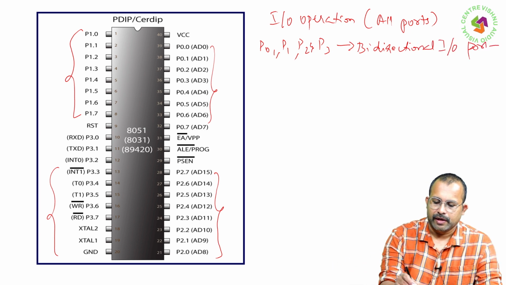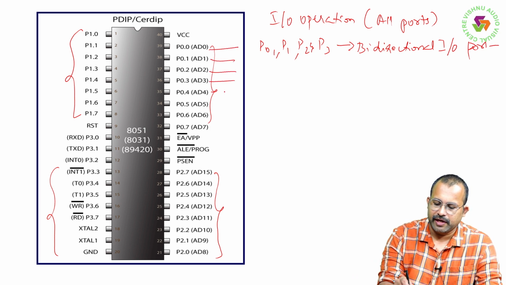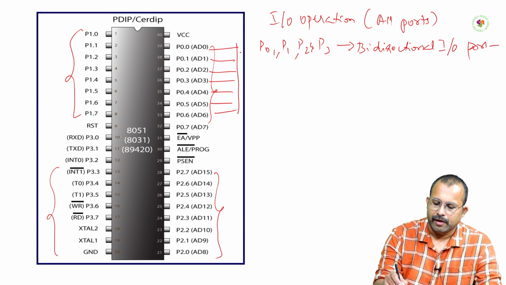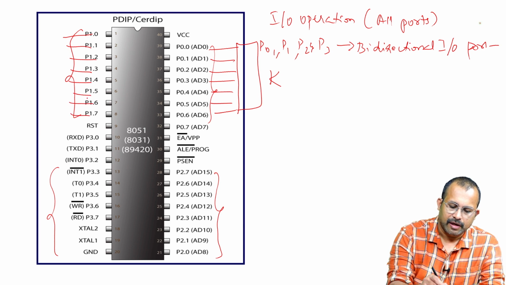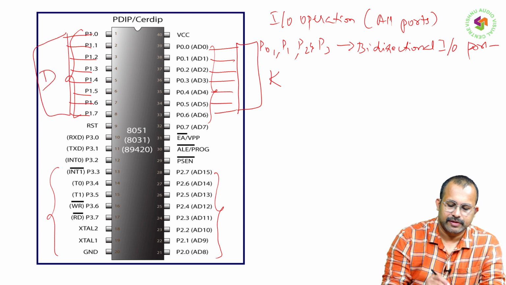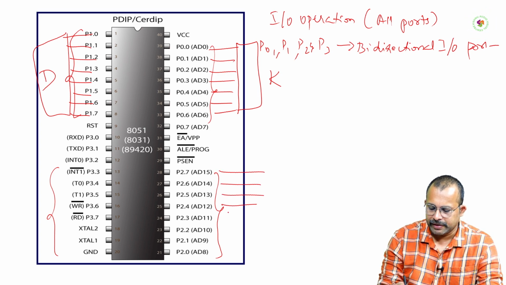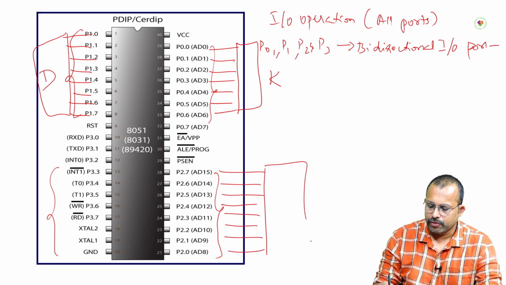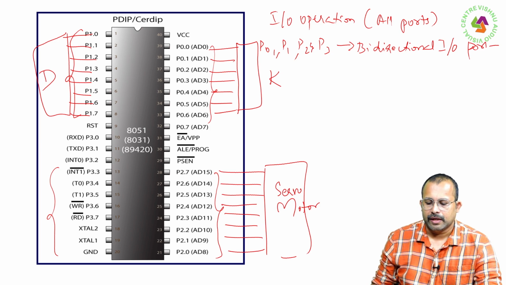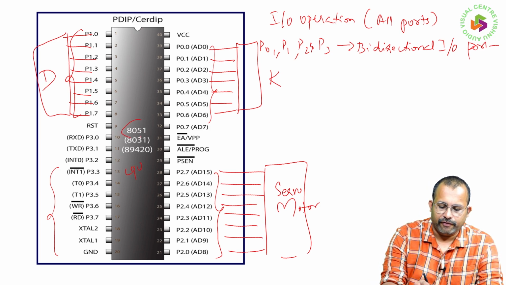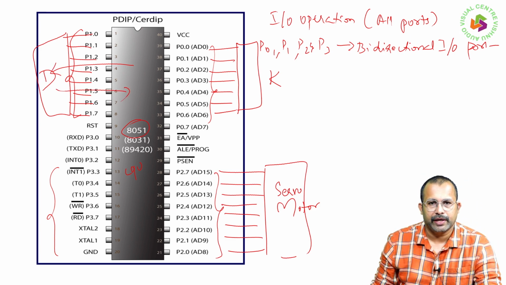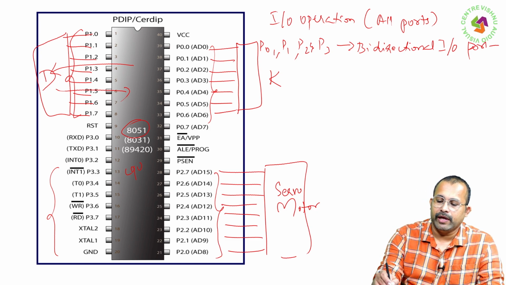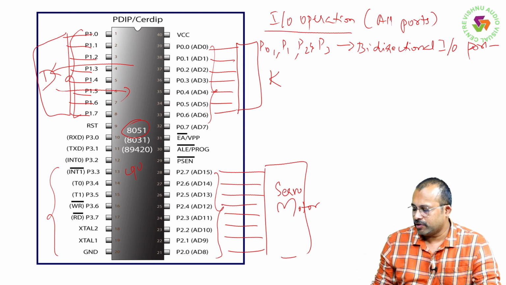That means, let us say this port is connected with a keyboard, these port pins are connected with a display device, and this particular port's pins are connected to a motor, a servo motor. See, the CPU of 8051 can send data and can receive data. That means bidirectional IO operation, when all the ports are used for IO operations.